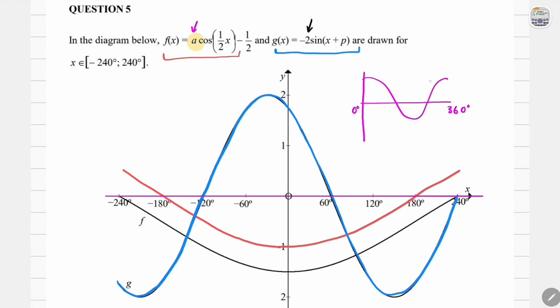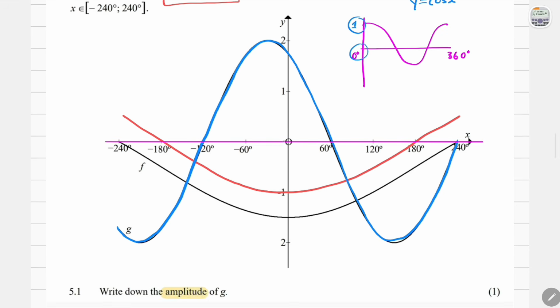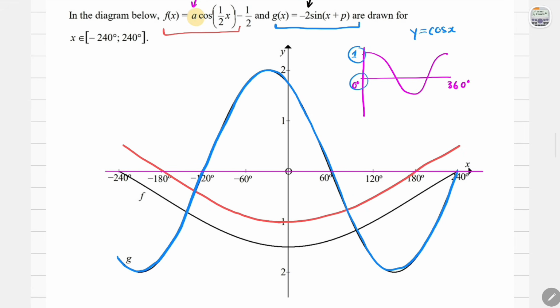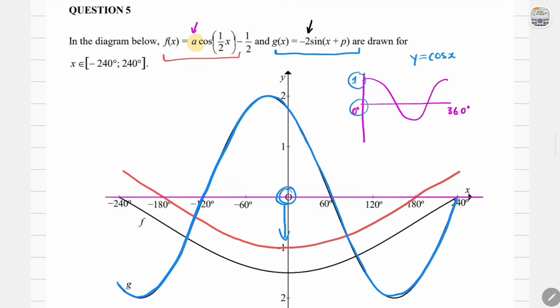So naturally, on the original cos graph, y equals cos x, we know that at 0 degrees, we have a y value of 1. Let's see what's going on here. At 0 degrees, after shifting that graph a half unit up, we have a y value of negative 1. So what does that mean about this graph? And you can also test it out with the other points that you're seeing. But I'm not really seeing other clearer points. The best point I can see is 0 degrees and this negative 1.